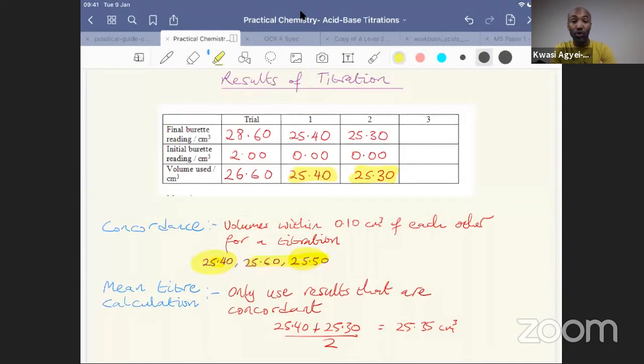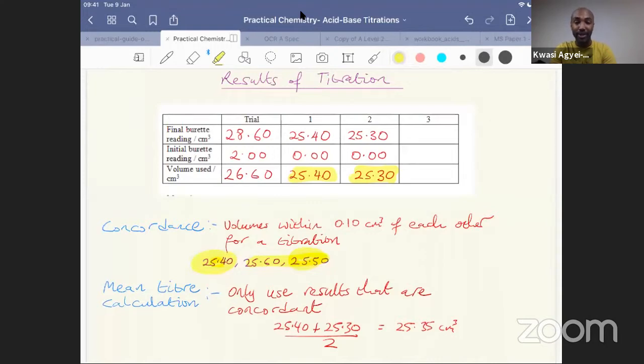It's also concordant with 25.60. So when we find the mean, of course, it's going to be 25.50. So that's one example where you might need to think a little bit more about how you carry out your mean calculation.